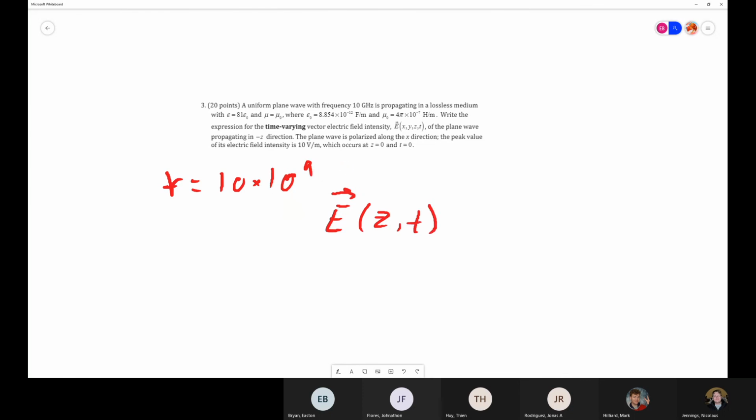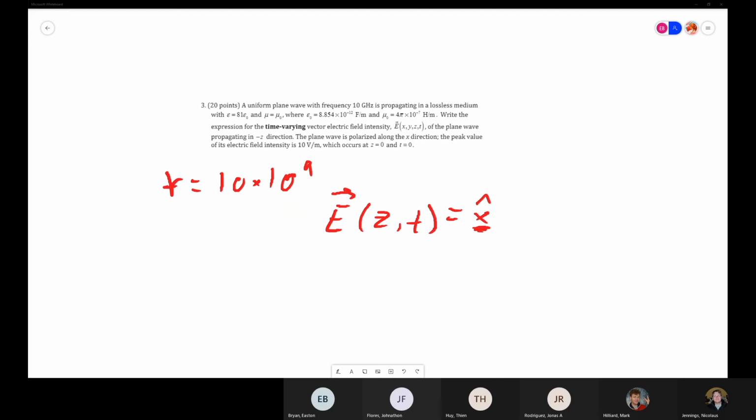So it's a function of z and t. Remember I was mentioning this polarization vector, where it's linearly polarized. This is just the direction it's polarized. You can see it says it's polarized along the x direction, which means linearly polarized.